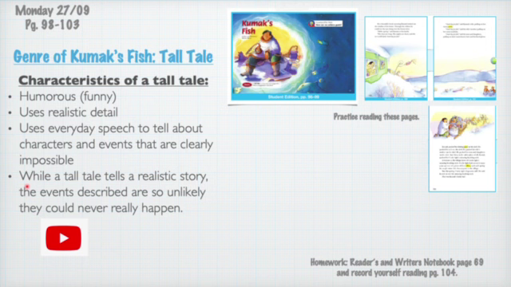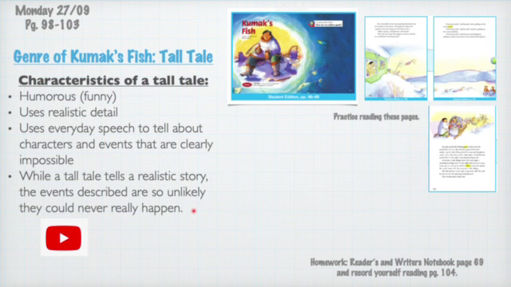Like if I say, I've caught a fish that is huge and big, but actually I caught a very small fish. That's an exaggeration. While a tall tale tells a realistic story, the events described are so unlikely they could never really happen. That's an exaggeration, something like a small lie that is blown out of proportion.